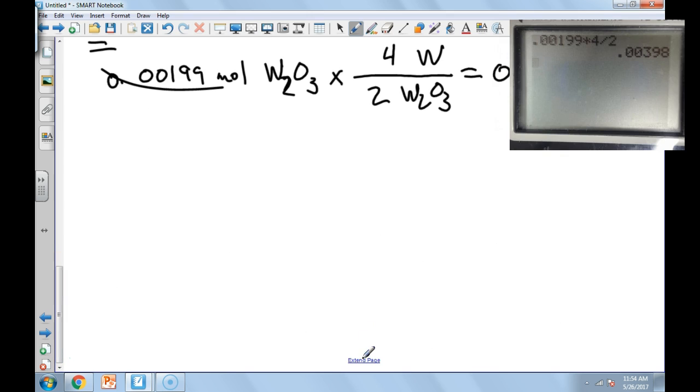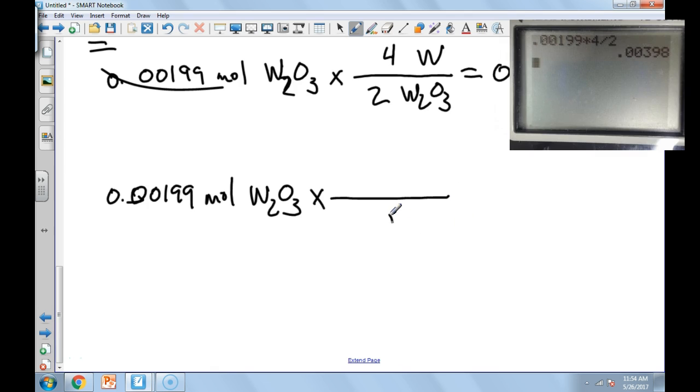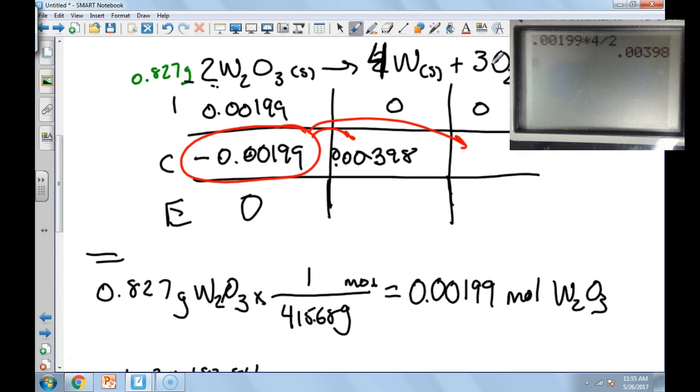And now we're going to do this same thing for oxygen. So here we're going to go 0.00199 moles of W2O3 times, and then we're going to put W2O3 on the bottom and then O2 on the top. And we use the balanced chemical equation, so we have 2 of those and 3 of those, right? As I scroll up, 2 and 3.